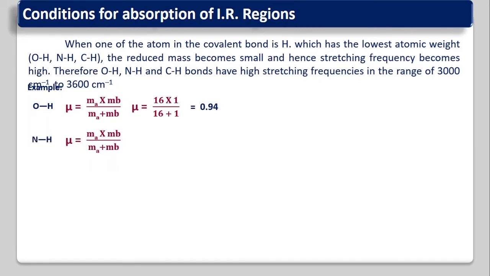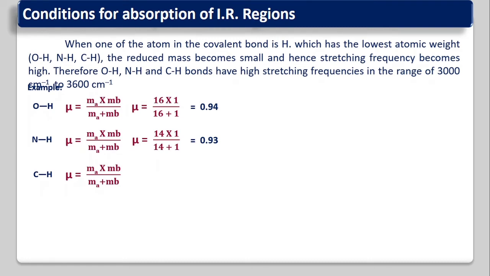Similarly for NH, the mass of nitrogen is 14 and the mass of hydrogen is 1. So the reduced mass is 14 into 1 divided by 14 plus 1, which will become 0.93.